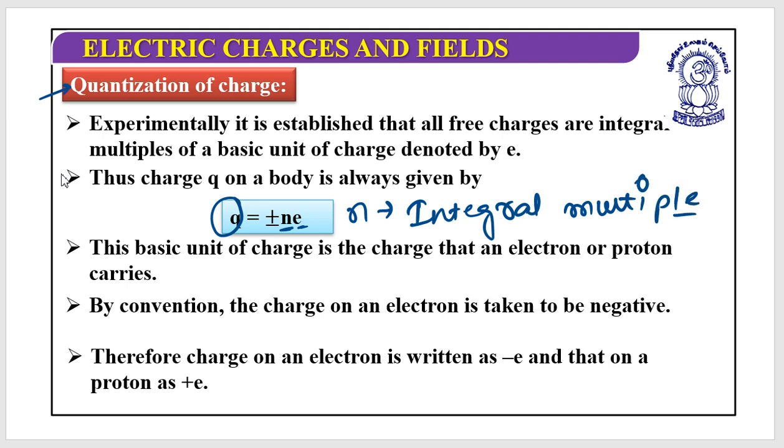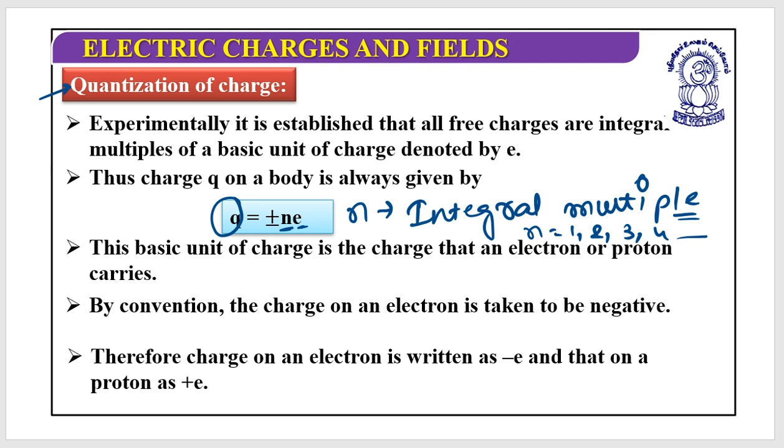I hope you know what an integral multiple is. It can contain whole numbers only, meaning n equals 1, 2, 3, 4, and onwards. That we call an integral multiple.